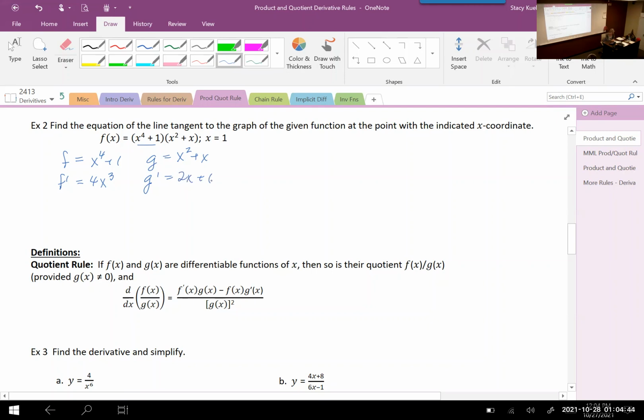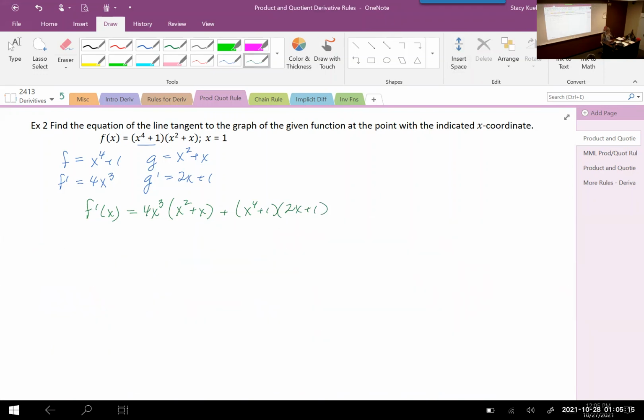Okay. So the derivative of the function is going to be 4x cubed times x squared plus x plus x to the 4th plus 1 times 2x plus 1.